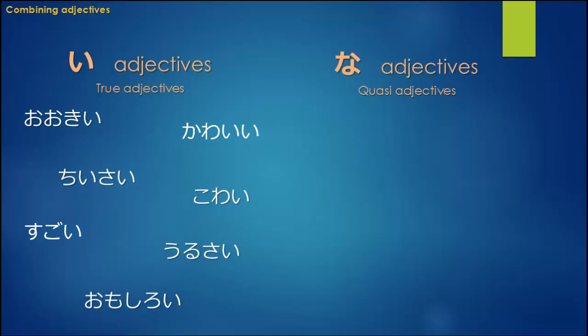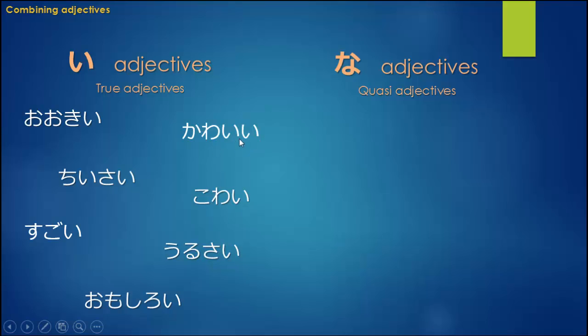The true adjectives are words that end in ai, ii, ui, or oi in English. In Japanese sounds, that would be ai, i, ui, and oi. There are some examples here. Oki has the i sound at the end.